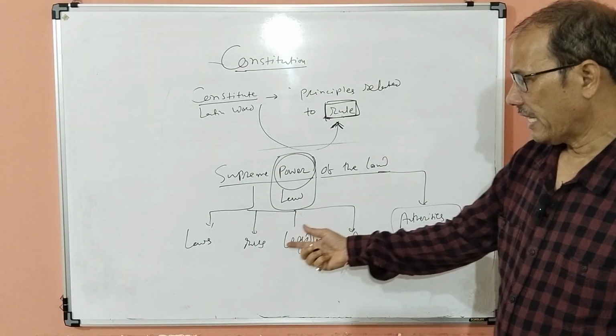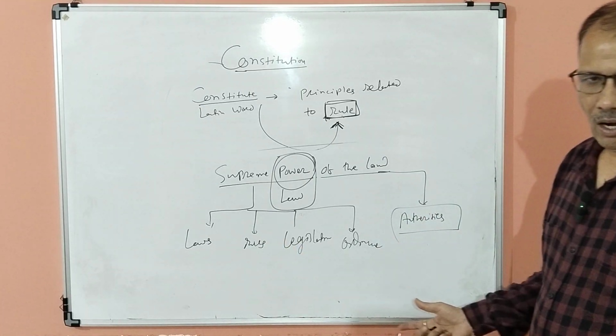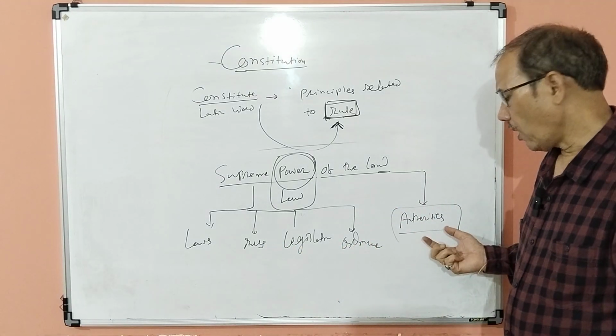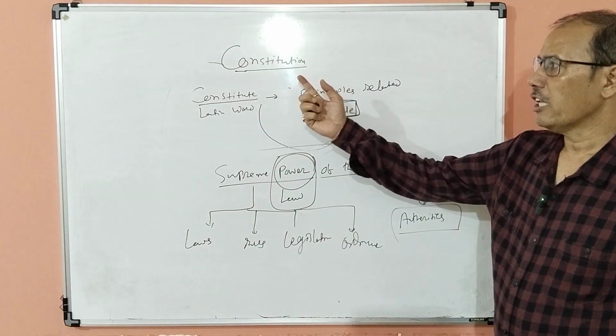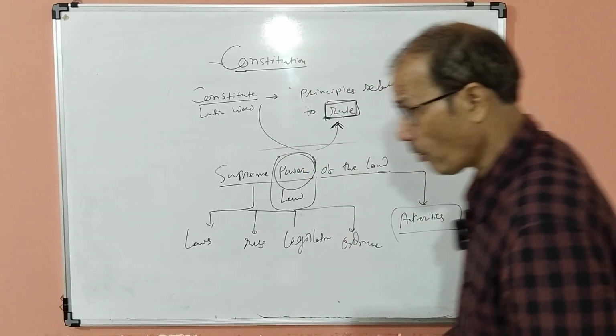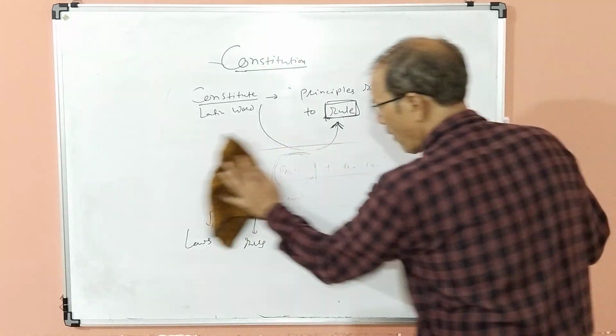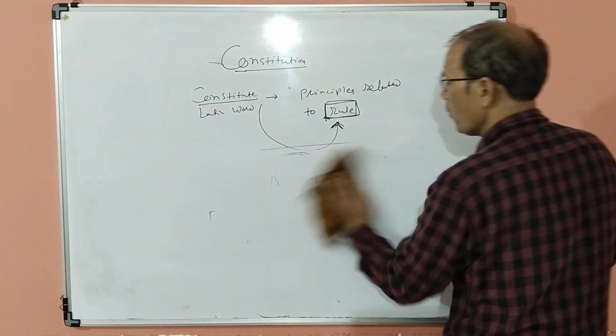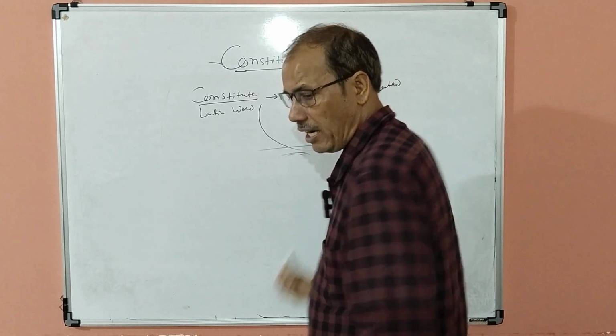No one, whether it is a law or an authority, can violate the Constitution or the constitutional provisions. They are required to obey and follow whatever is written in the Constitution.